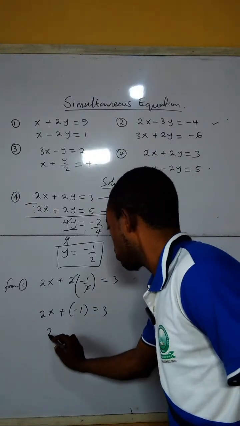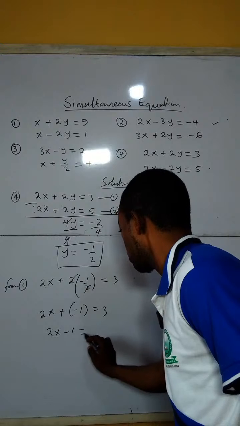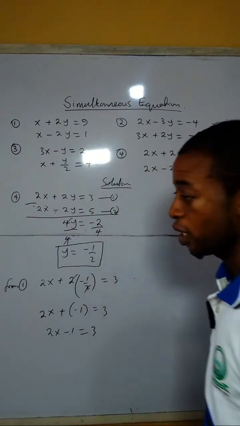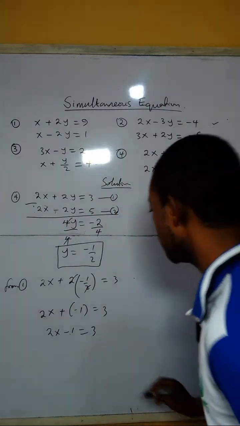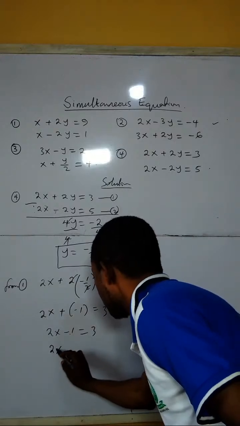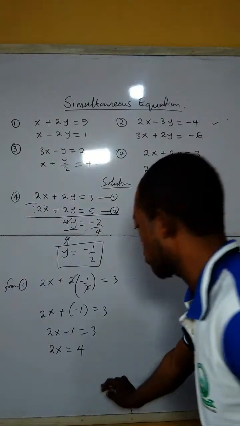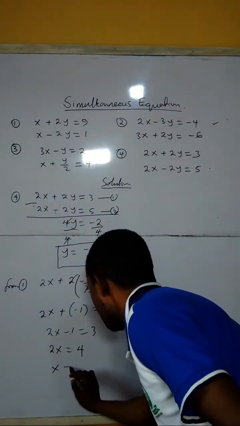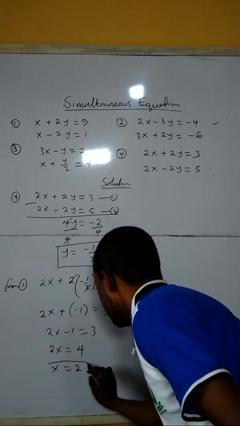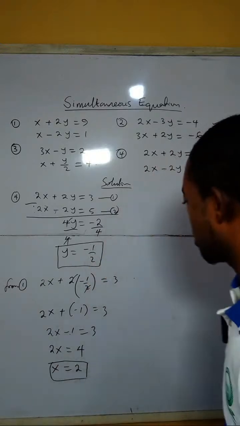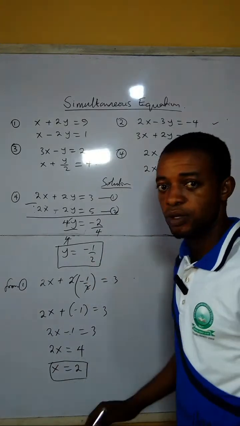That means we have 2x minus 1 equals to 3. Taking minus 1 here, that's plus. Then here we have 2x now equals to 3 plus 1, which is 4. Then divide both sides by 2 here. That means we have x equals to 2 on this side. So therefore, x equals to 2 and y equals to minus half.